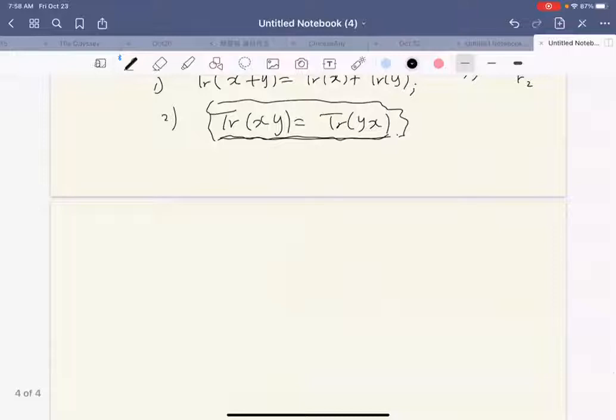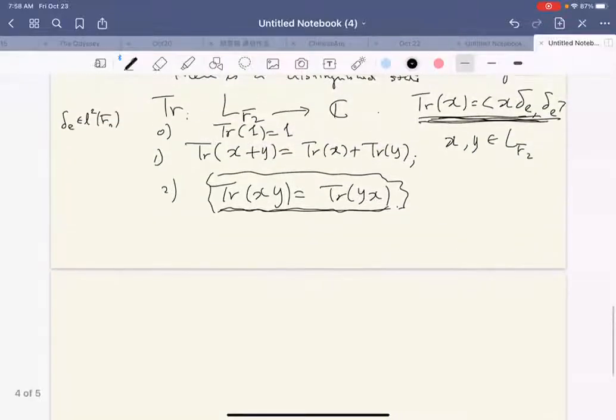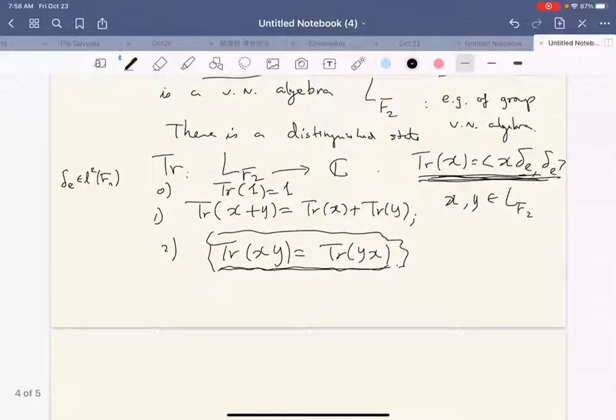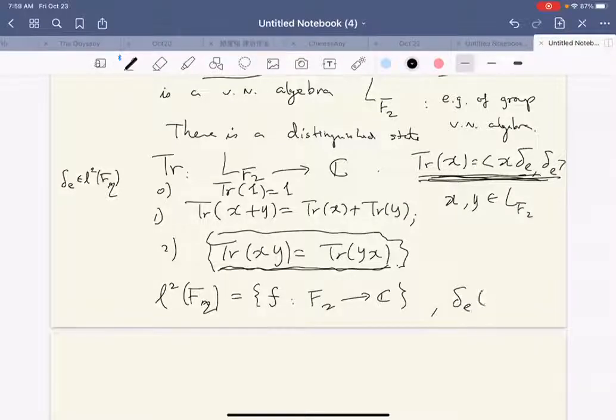Excuse me, could you explain this delta_e again? I'm a little confused. Yes, L2 of F2 is a Hilbert space, consisting of all those functions from F2 to C. So delta_e is a function whose value at a point g is the delta function delta_g. Oh, now I see, you just assign 1 to the identity element.